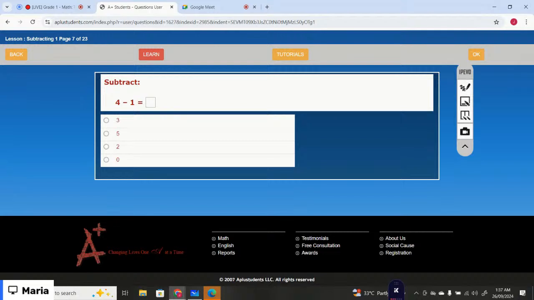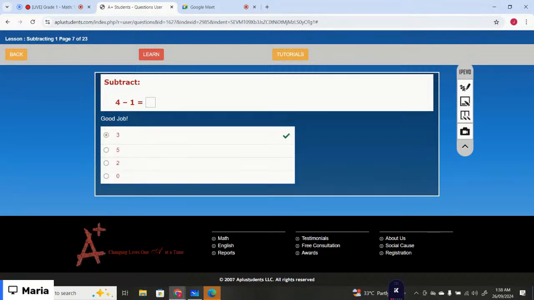So which is the correct option? 4 take away 1 is 3. So option number 1 is the correct option.